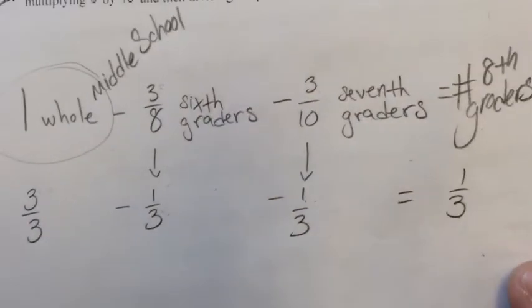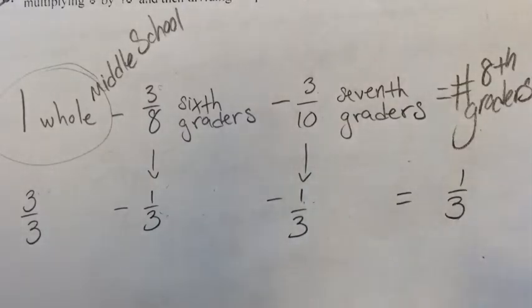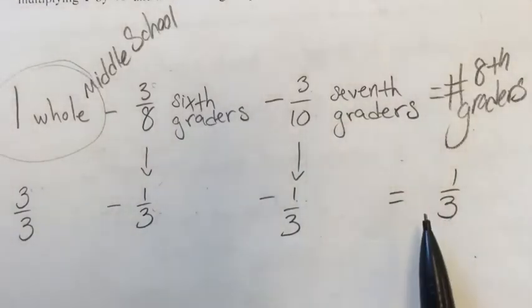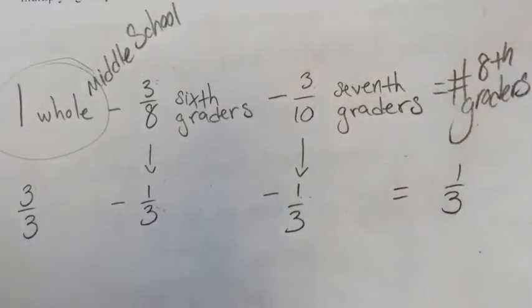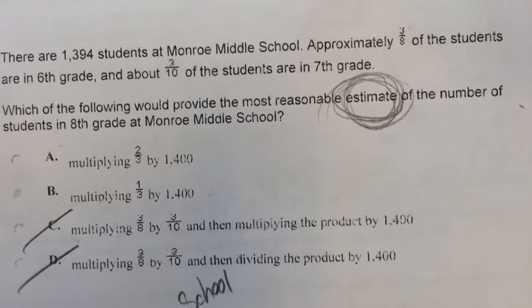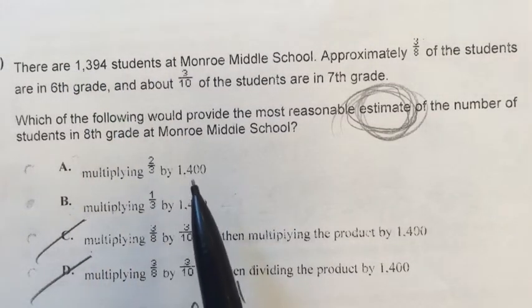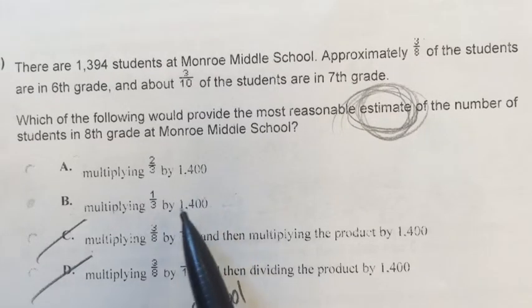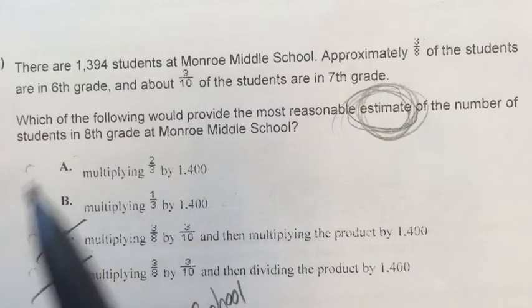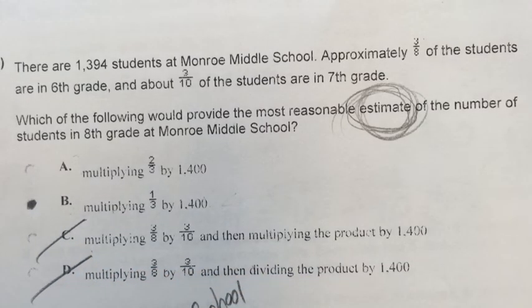So I can estimate that 3/10 is close to 1/3. That's it. 1/3 of the students at the school are 8th graders, but they told us that the total amount of students is 1,394. And you can see just by the word problem, they estimated that to be 1,400. The answer was B. Multiply 1/3 by 1,400 and you'll get the total number of 8th graders.